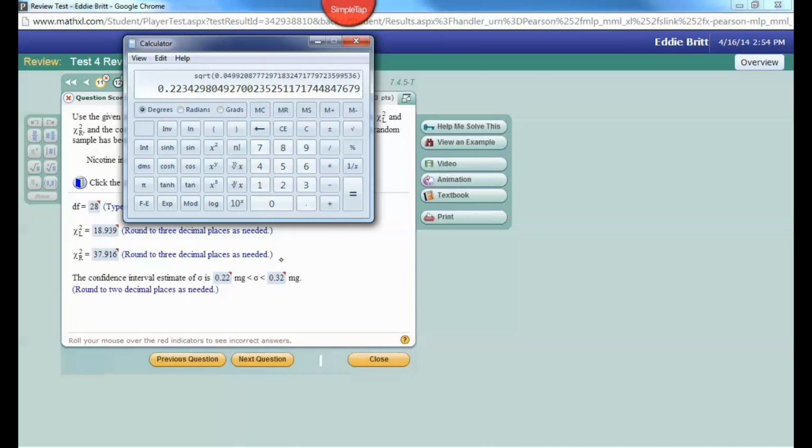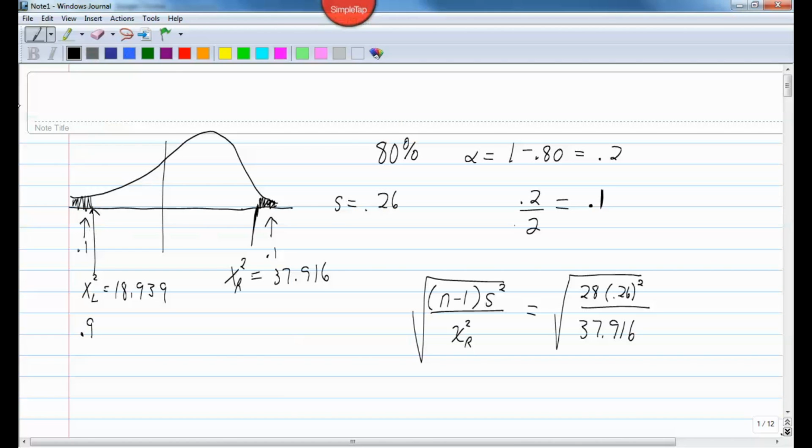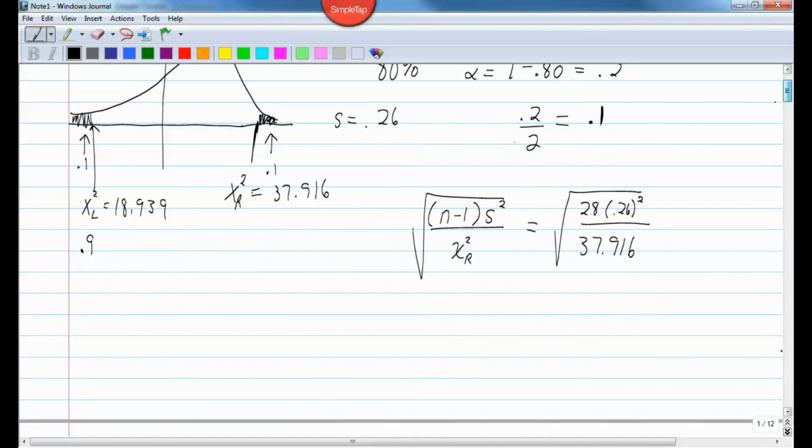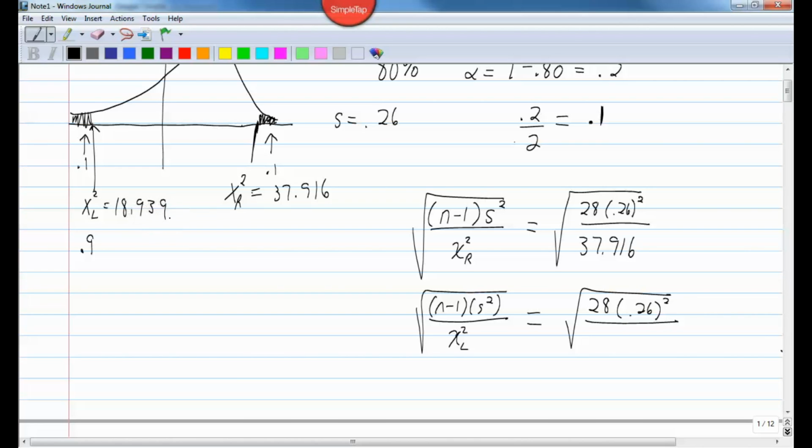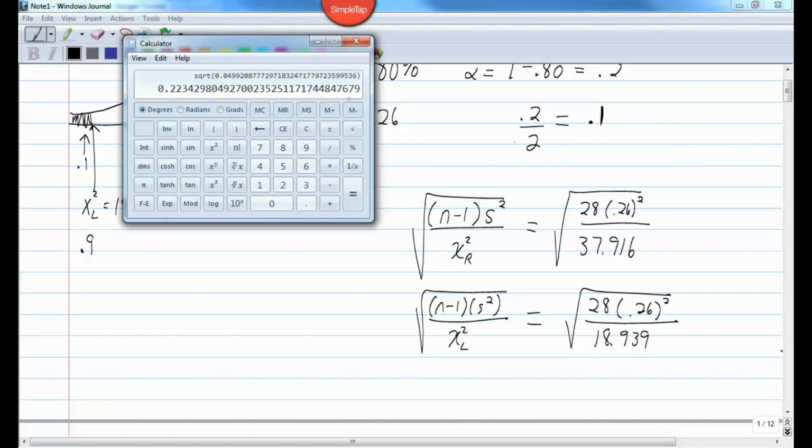Now we need to figure out the right endpoint. It's kind of weird because for the left endpoint you use the right critical number, and for the right endpoint you're going to use the left critical number. So our other formula is the same, except we have the left critical number. That's the square root of 28 times 0.26 squared, all that's the same, over our left critical value, 18.939.